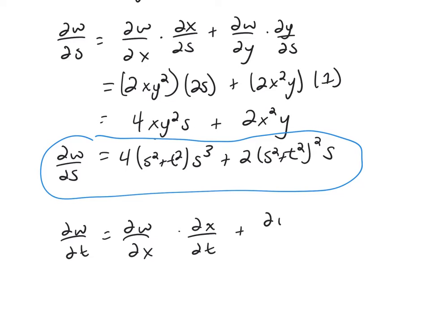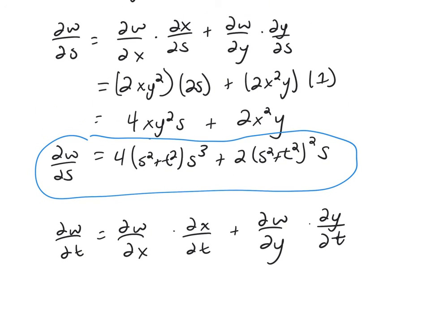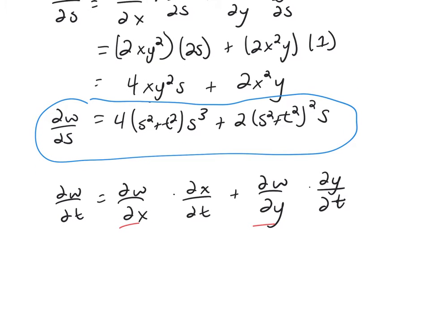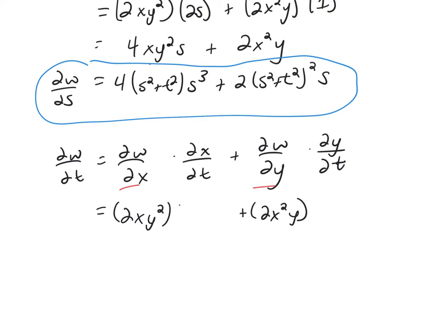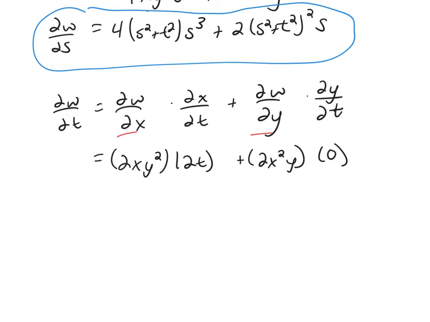The partial of w with respect to y times the partial of y with respect to t. So here, these first two pieces are the same as they were before, so I can just copy those down from earlier. It was 2xy squared, it was 2x squared y, and then the derivative of x with respect to t would be 2t, and y is just s, so the derivative with respect to t is 0.